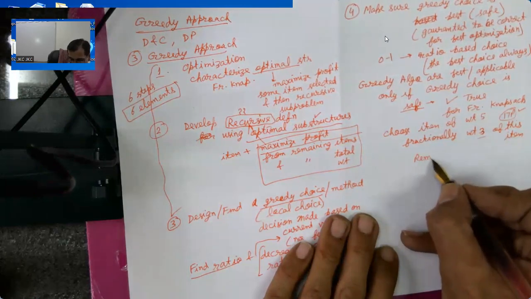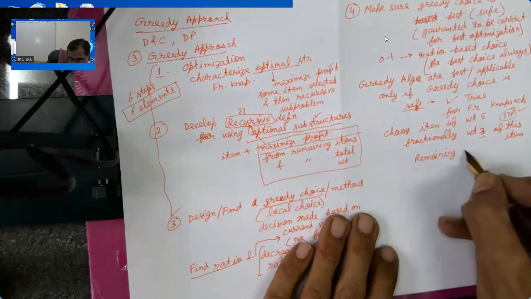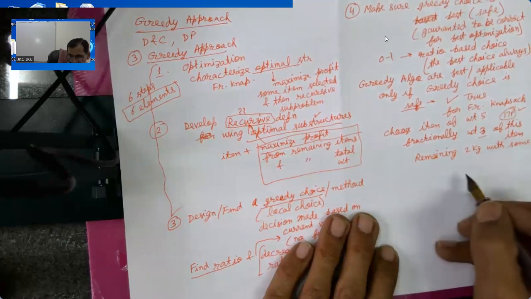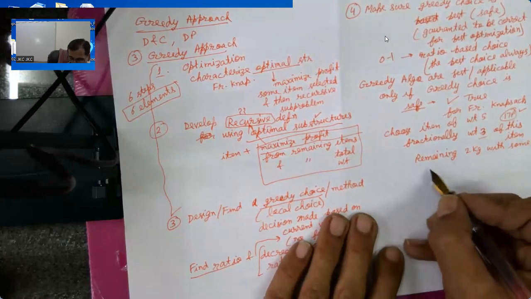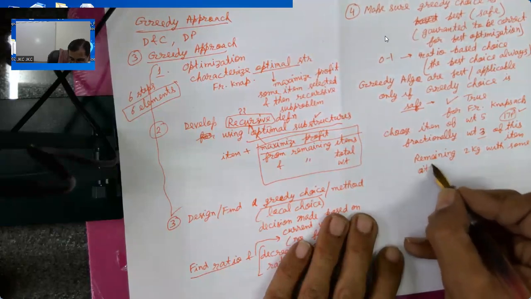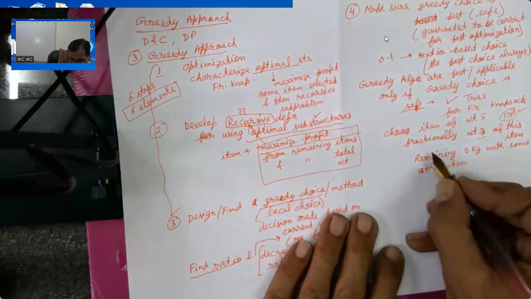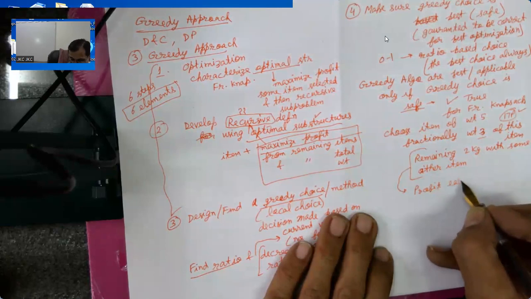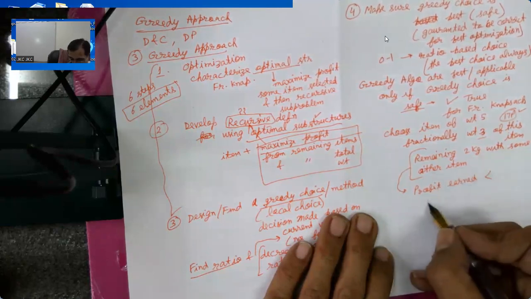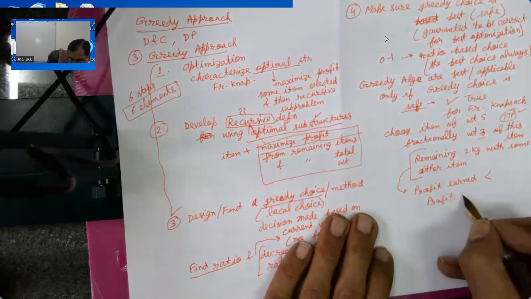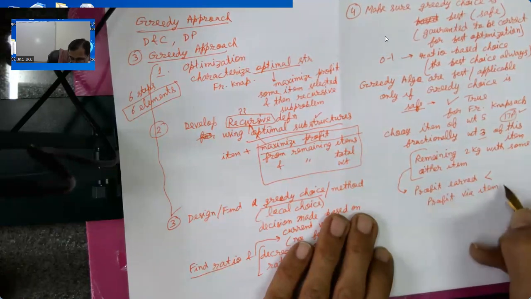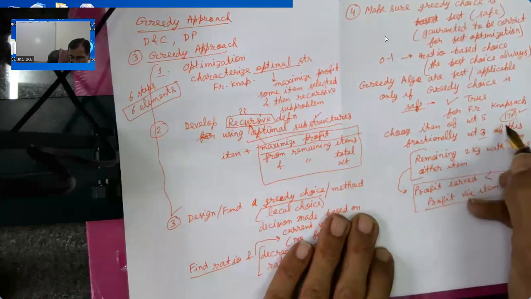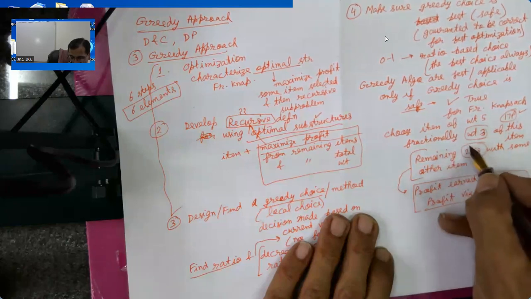Of course, if you have the remaining 2 kg to be used with some other item, if you didn't have a choice, then you will leave. But if the remaining 2 kg is used with some other item, the profit earned via this item will definitely be lesser than the profit earned via the item of 5 kg. So there was no point in leaving 2 kg at this stage.